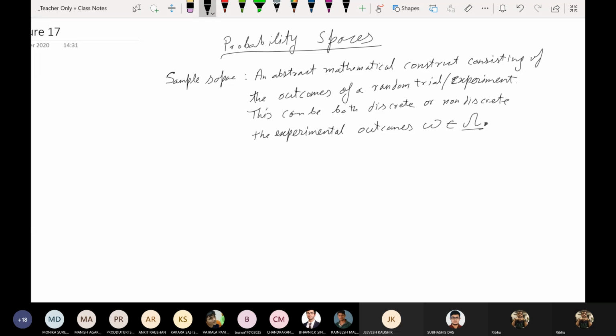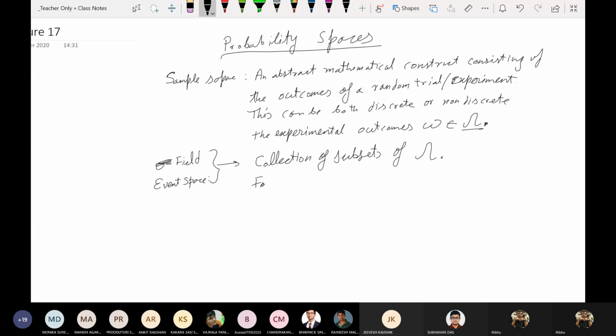And then we had the sigma field, another name for which is the event space. This we define as a collection of subsets of omega.